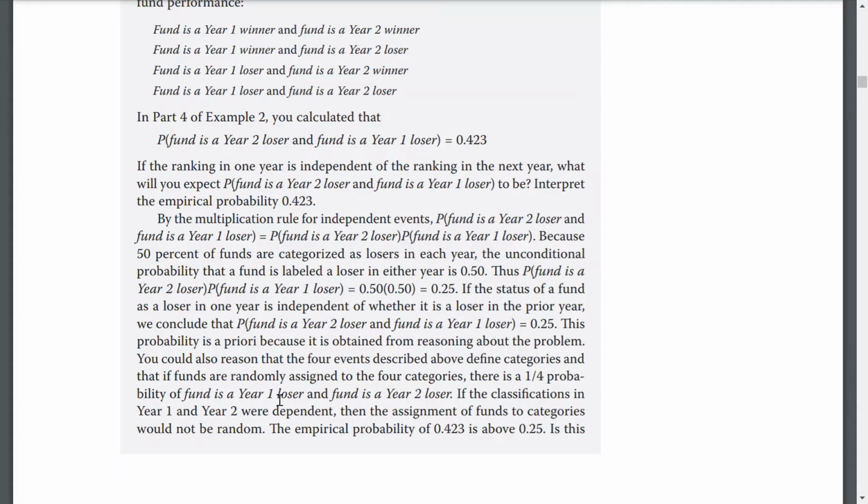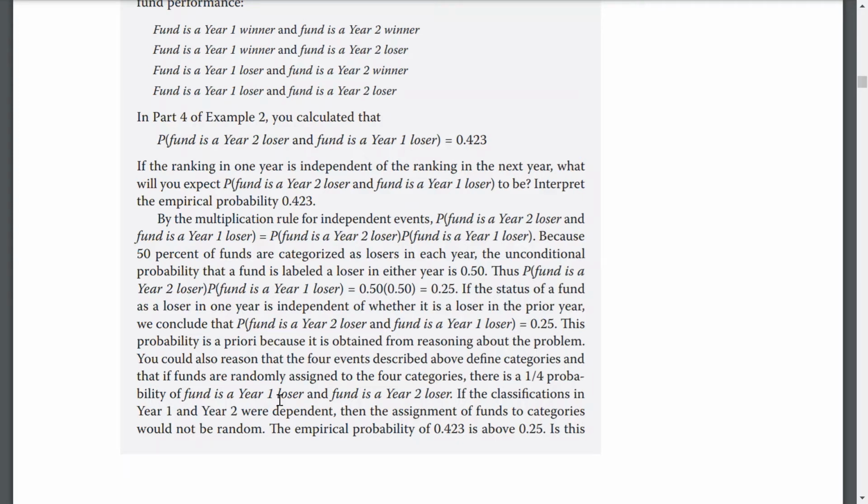P, fund is a year 2 loser and a year 1 loser, equals the probability of fund being a year 2 loser multiplied by the probability of a year 1 loser. Because 50% of funds are characterized as losers in each year, the unconditional probability that a fund is labeled a loser in either year is 0.5.